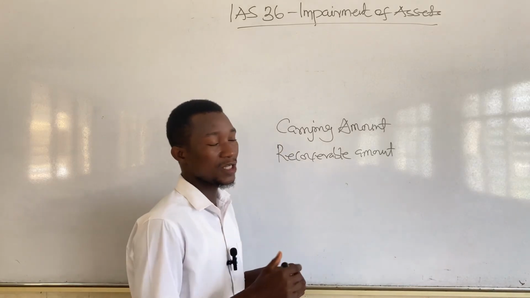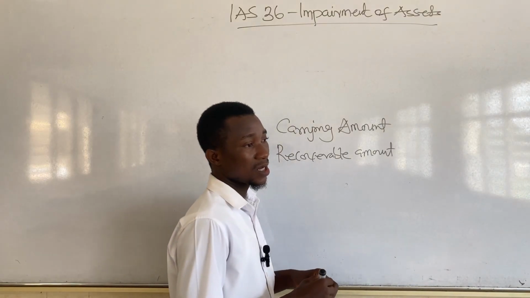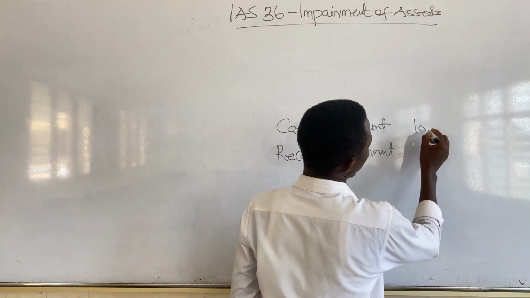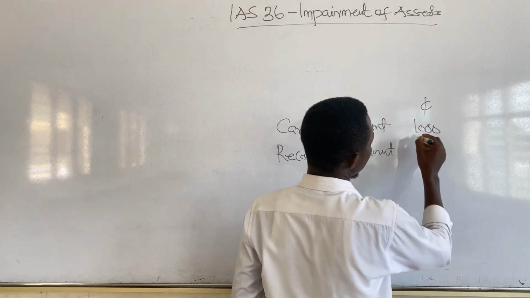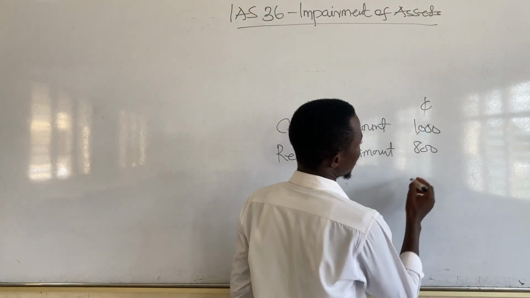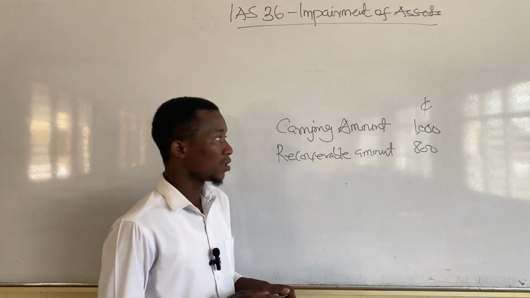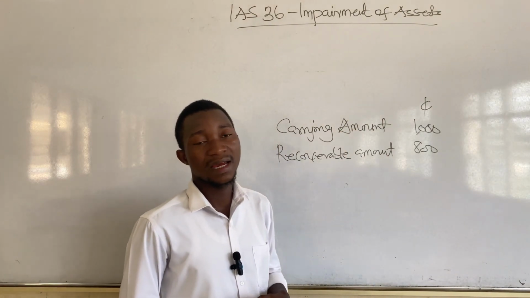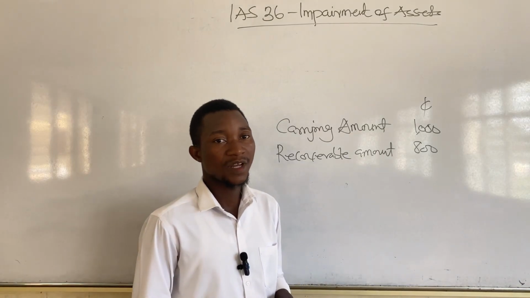Okay, and I'll explain this in detail. So for instance, let's say the carrying amount of an asset is 1,000, and the recoverable amount is 800. It is the carrying amount of an asset that we normally recognize in the statement of financial position.